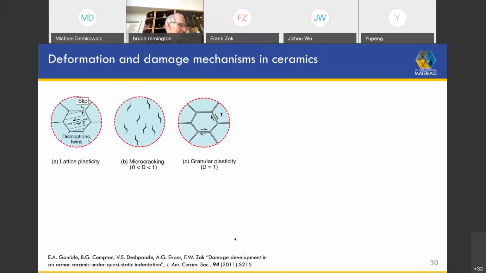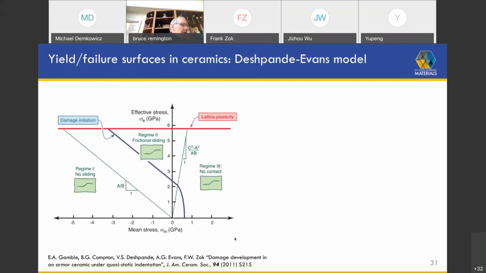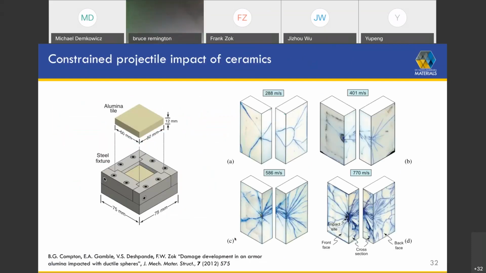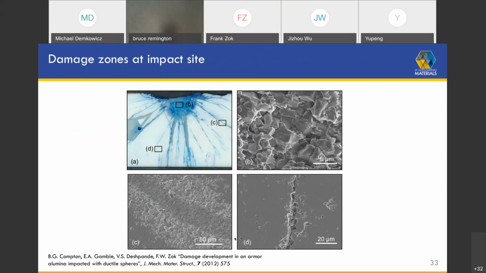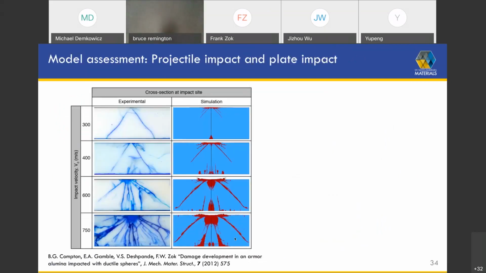This actually raises some really interesting questions about the nature of the damage. So let's take a look at this. The experiments on the left were performed at different speeds and of a given projectile size. I think it was 6 millimeters or 8 millimeters, something on that order.